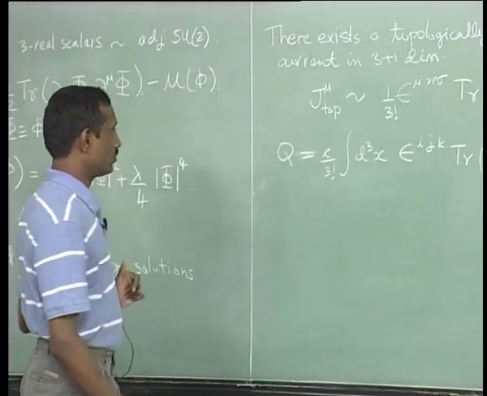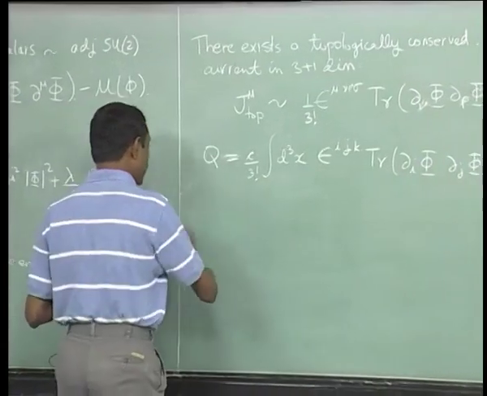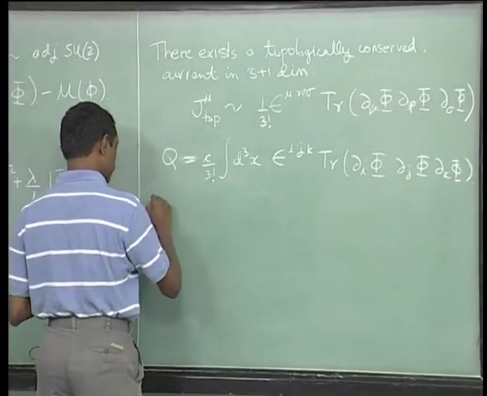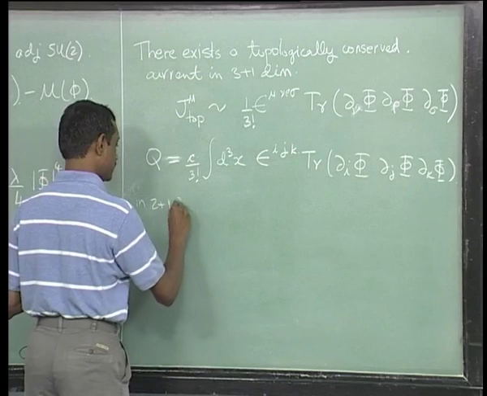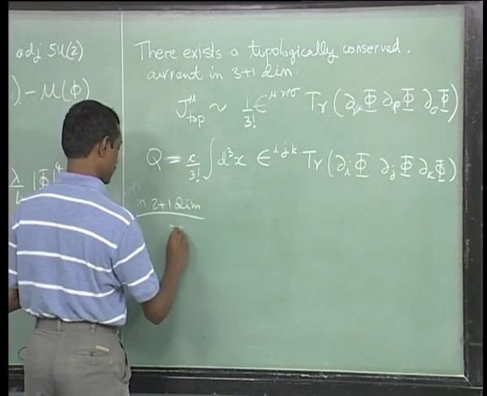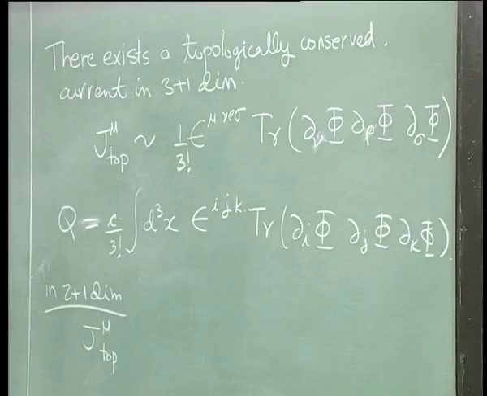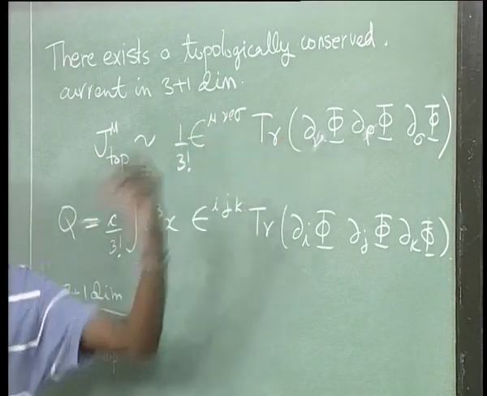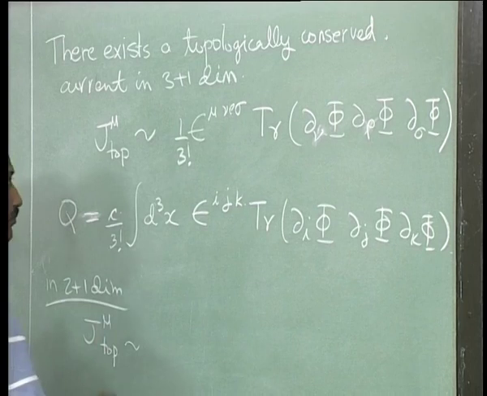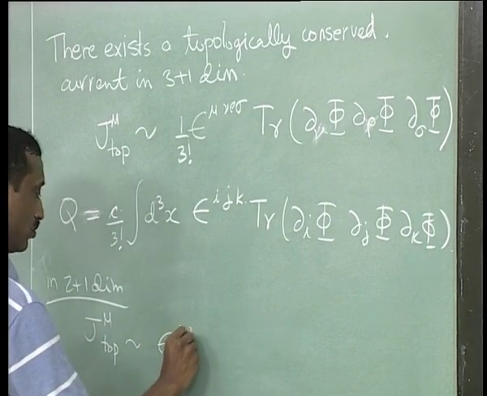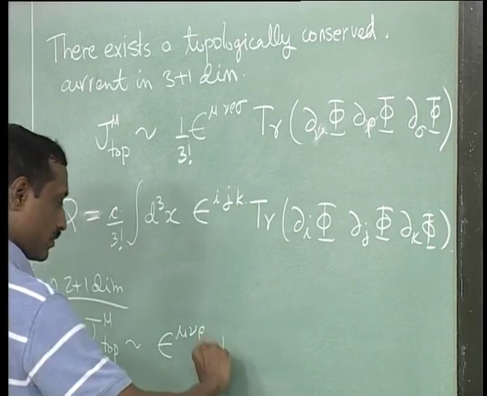Okay. So while we are at it, we can also write in 2 plus 1 dimensions a similar J mu topological, which would now just be similar to this, but only 3 such guys.